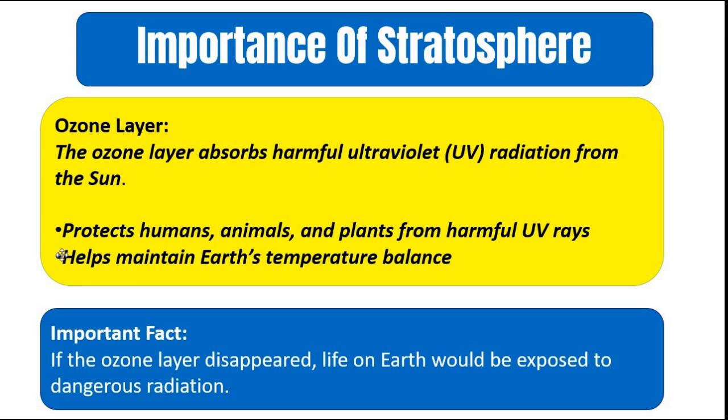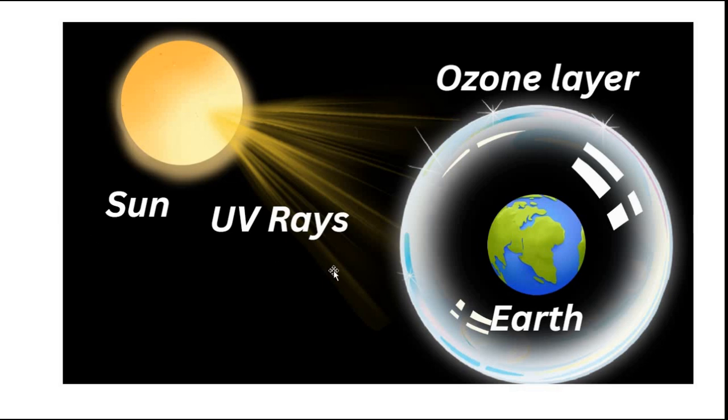It also helps in maintaining and regulating Earth's temperature balance by preventing excessive heating. So this is one of the most important characteristics of stratosphere, the presence of the ozone layer. It acts as a shield which protects us from the sun's harmful ultraviolet rays.